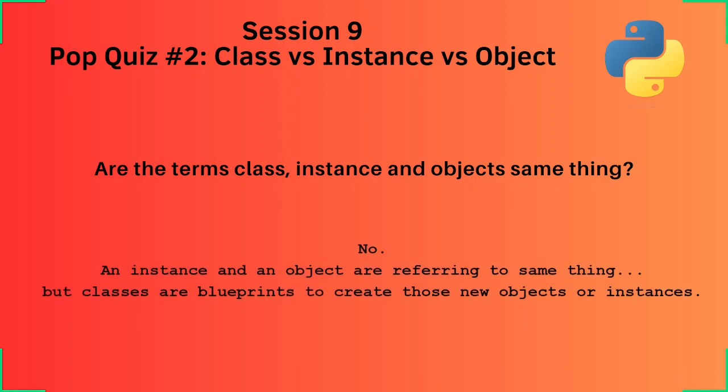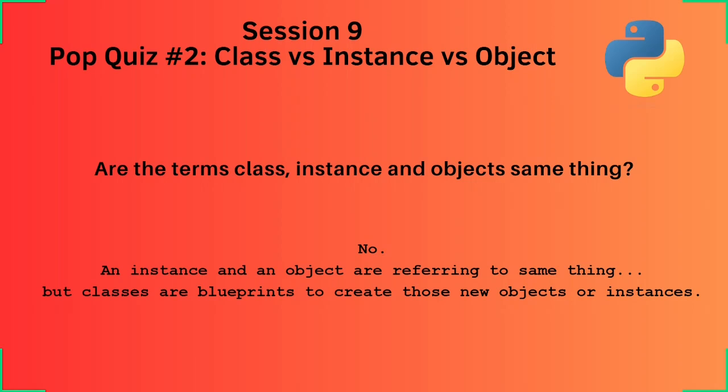So no, those are not all the same. Instance and object are referring to the same thing. Those are created based on the blueprint, which are the classes. So classes are like the template that defines how I want my object to be created or how the structure should look like. And when we create objects using those classes, the objects that are created are the instances.